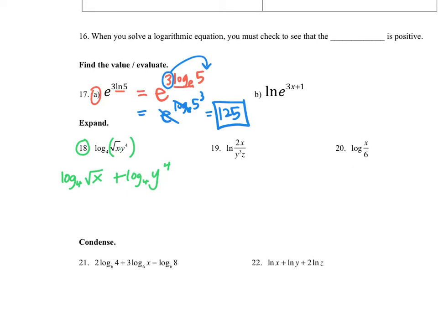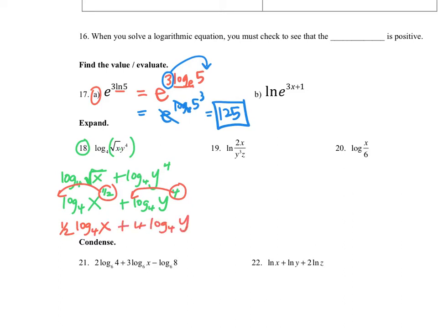Anytime you have roots, you want to rewrite that in rational exponent form. So square root is the power of 1/2, cube root is the power of 1/3, and so forth. And then don't forget to move this power here out to the front. So your final answer is 1/2 log base 4 of x plus 4 log base 4 of y.